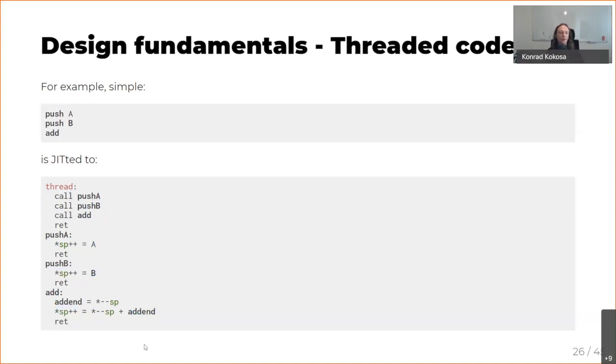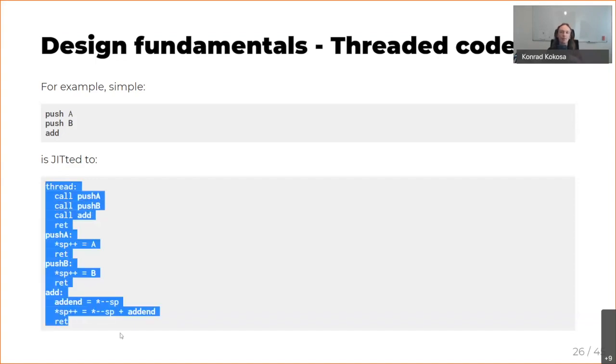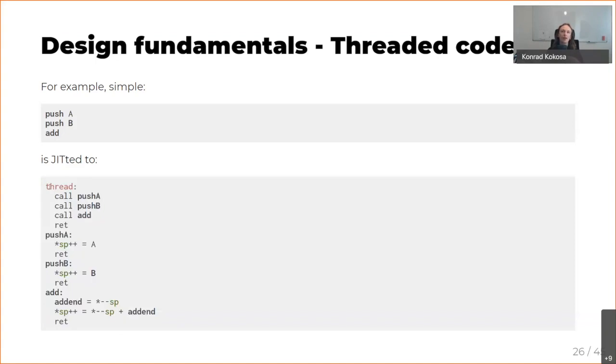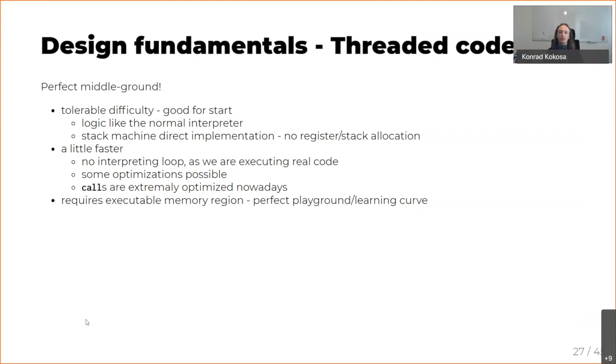So we can have this pretty nice one-to-one mapping between every IL instruction, and we can emit some real native code that will execute this. This is beneficial because it is now just regular native code that will be executed by the CPU with no interpretation. So it is exactly in the middle, a perfect middle ground. It has a tolerable difficulty because it is good for a start. I am able to map one-to-one every IL instruction to some subroutines.